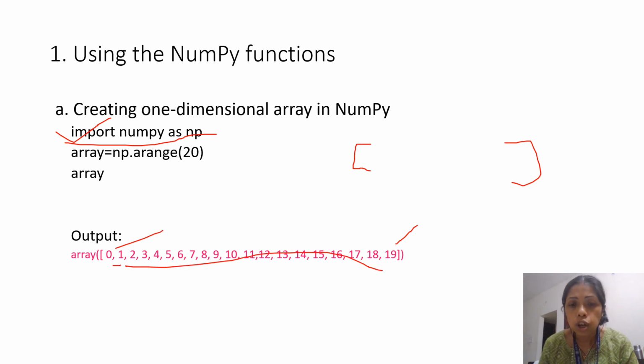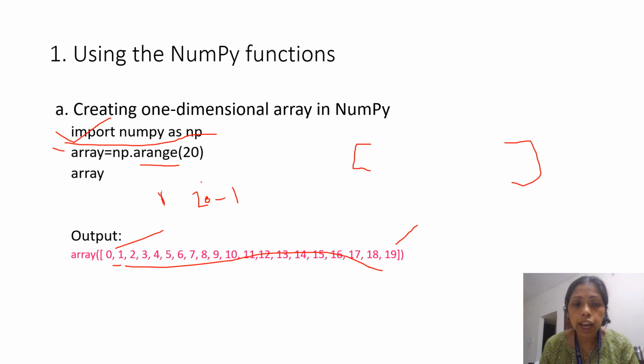If you use the arange function with 20 in brackets, it will provide values from 0 to 20 minus 1. This is the arange function, with an increment of 1: 0, 1, 2, 3, 4, 5, up to 19, it will provide an array.